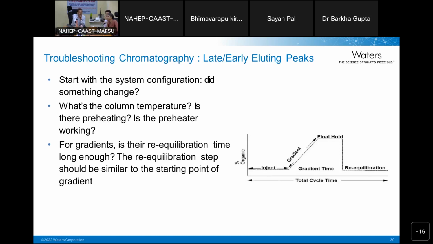Again, that timing is not fixed. Generally, we say normally 3 to 5 column volumes is good enough for re-equilibration.